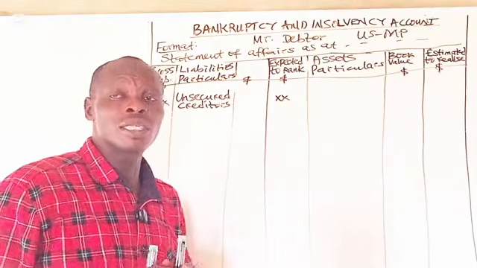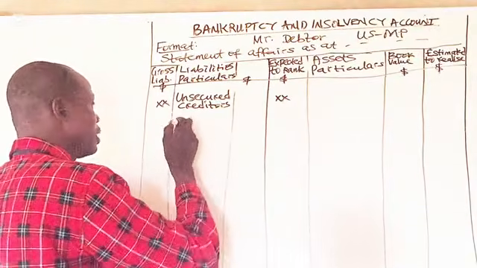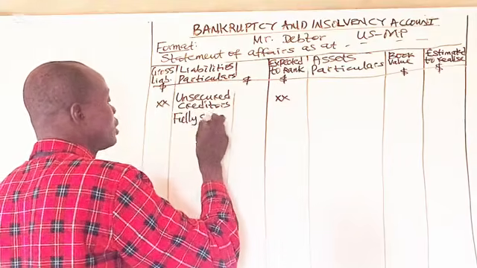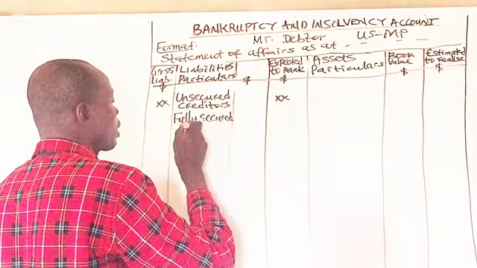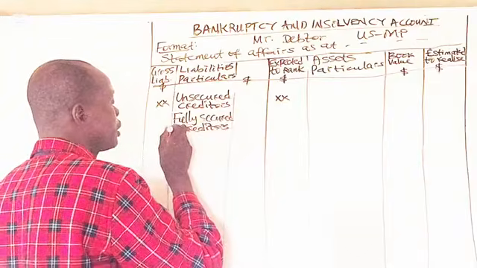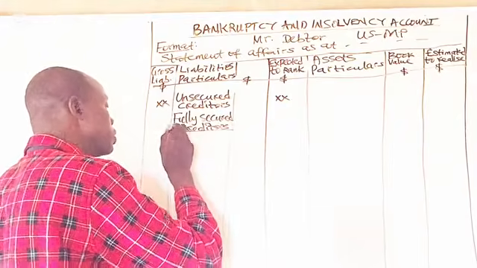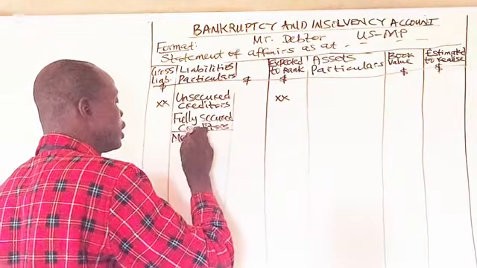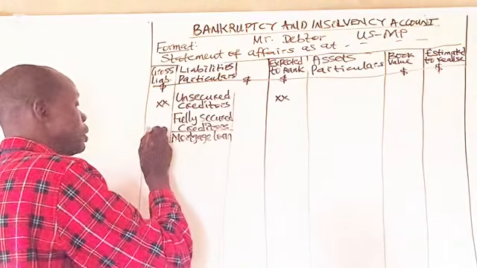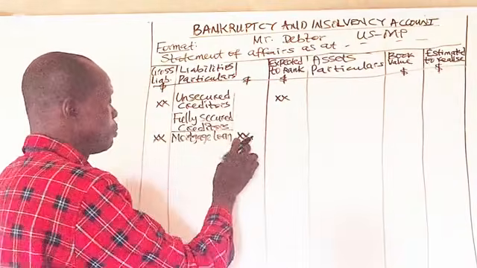After letter U, we have secured creditors. Remember, I've categorized the secured creditors into two: fully and partly. So it starts with fully secured creditors. Under fully secured creditors, you may have mortgage loans. How much is the loan? You put it here, then you put it under this column.